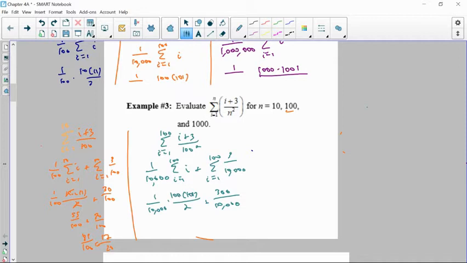We know that this is 5,050, so we'd have 5,050 over 10,000 plus 300 over 10,000, and then we'd simplify. Okay. And again, I'm not as interested in the arithmetic of simplifying those right now as I am in making sure you understand that notation.